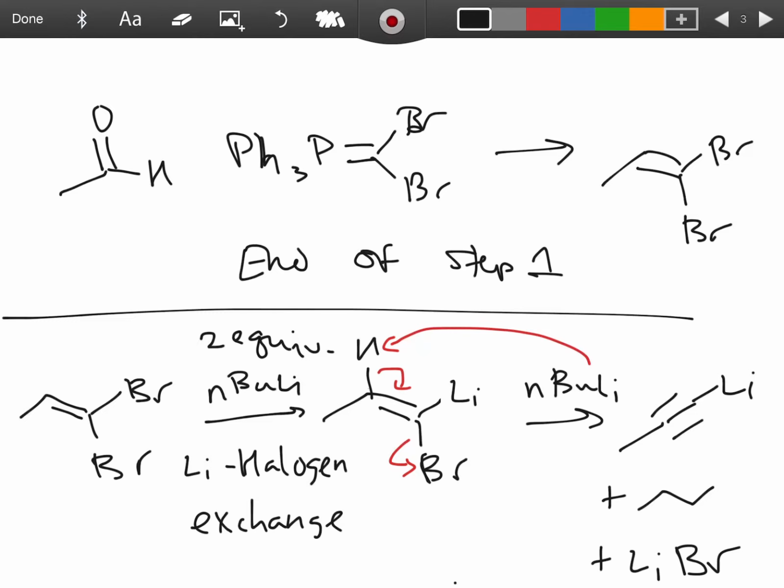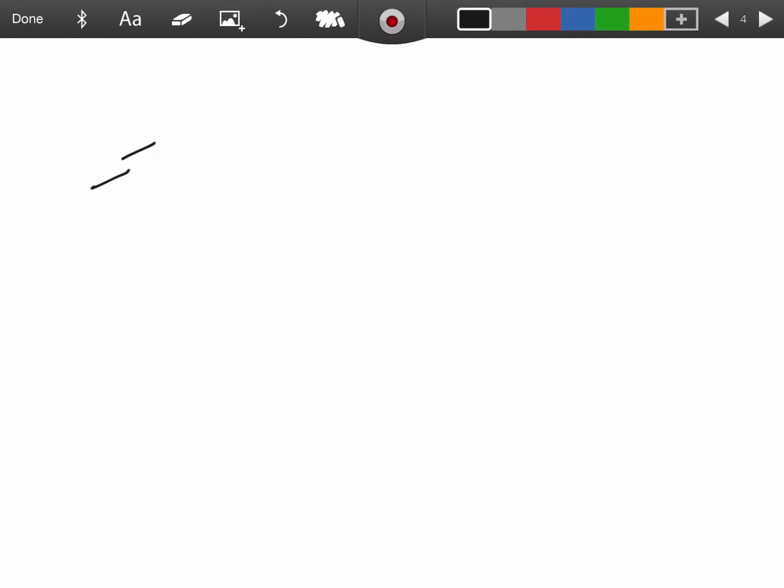And then if we add water, next slide, if we add water to our lithium acetylide, you're able to make a terminal alkyne.